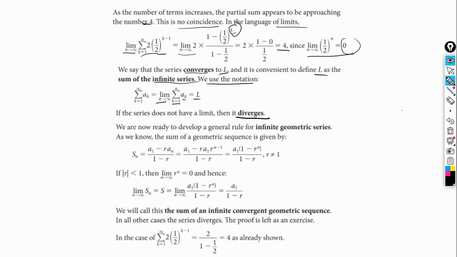So in general, if the absolute value of the common ratio is less than 1, then as n approaches infinity, r to the power of n is going to equal 0. If that is the case, notice that if we take the limit to infinity of the previous formula for a partial sum, this term would tend to 0. Therefore, the sum of an infinite convergent geometric sequence is equal to this: the first term divided by 1 minus the common ratio.